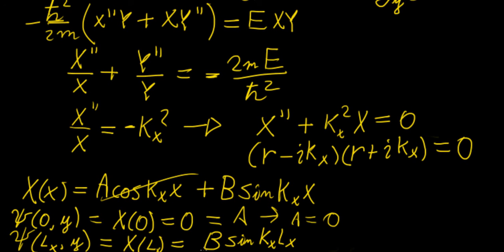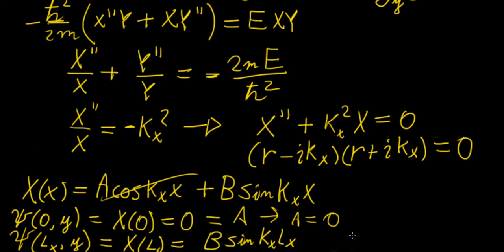And then, because we don't want b to be 0, because that would make our entire solution 0, we need to make this sine equal to 0. So this kx Lx term should be equal to an integer multiple of pi, an integer multiple of pi that is equal or greater than 1. Because remember, if we have an integer of pi that is 0, for example, then the whole solution becomes 0. So that's just not what we want.